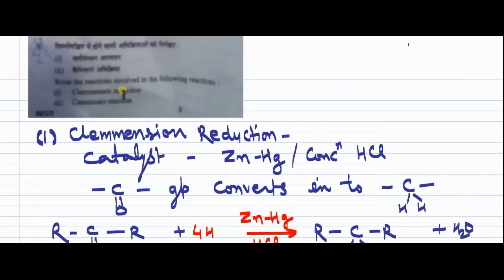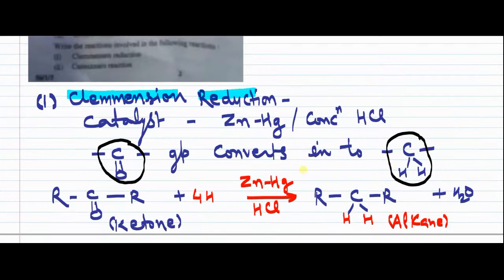Write the mechanism, write the reactions: Clemmensen and Cannizzaro. Clemmensen reaction. In the Clemmensen reaction, the CO group, it means ketone, converts into CH2 group in the presence of zinc amalgam and concentrated HCl.